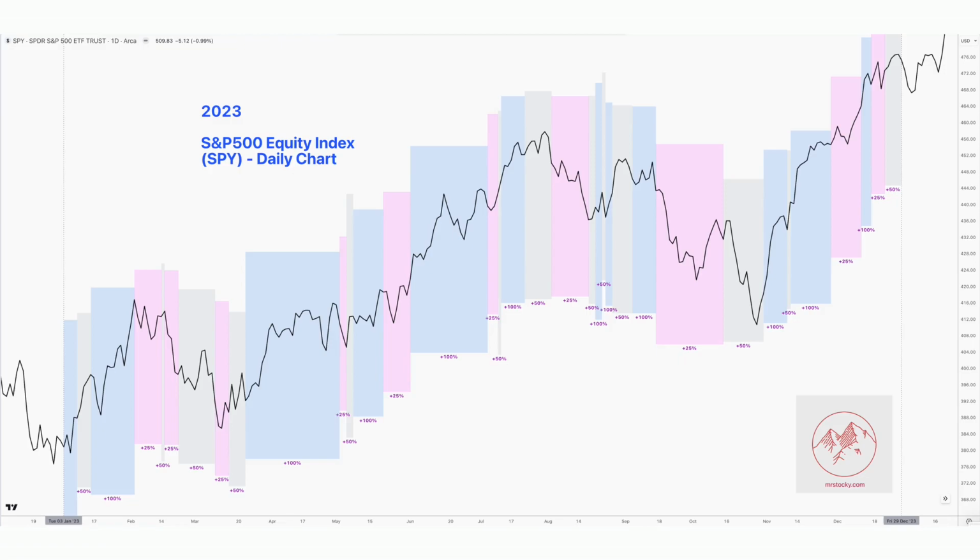In this example, 100% in the blue segments, meaning that we are fully invested in the market at that particular period in time. 50% means we are 50% invested and 50% sitting in cash during the gray periods, and 25% invested or 75% in cash during the weak or bearish periods of market expectations.